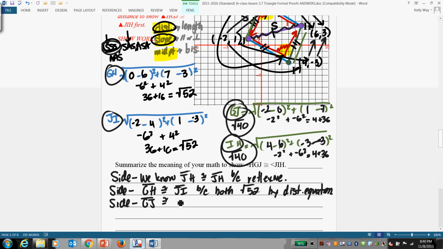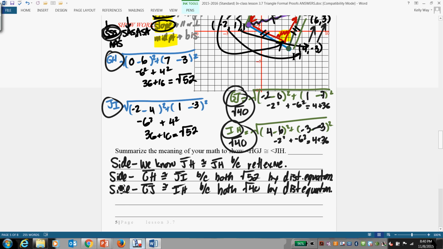Let's get the third pair of sides. GJ is congruent to IH because both root 40 by distance equation. Therefore, those three little dots mean therefore. You'll encounter that in physics.